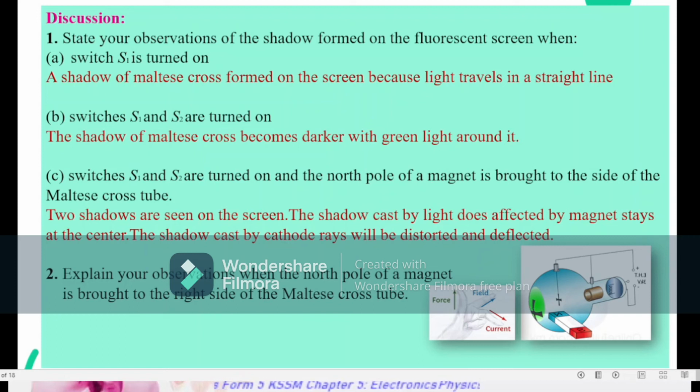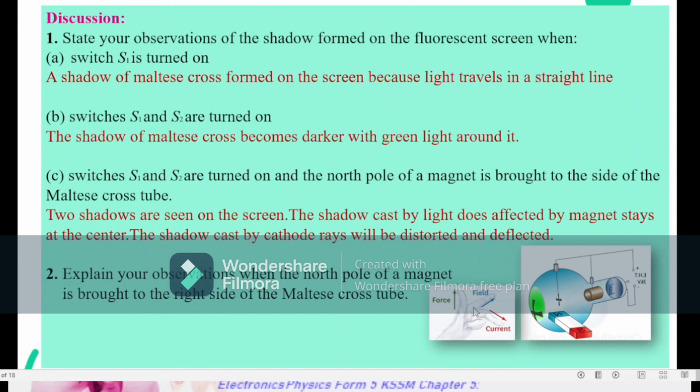Cathode rays actually is electrons, which is negatively charged. Thus, if you apply this middle finger, you must place this finger opposite to the direction of cathode rays moving.